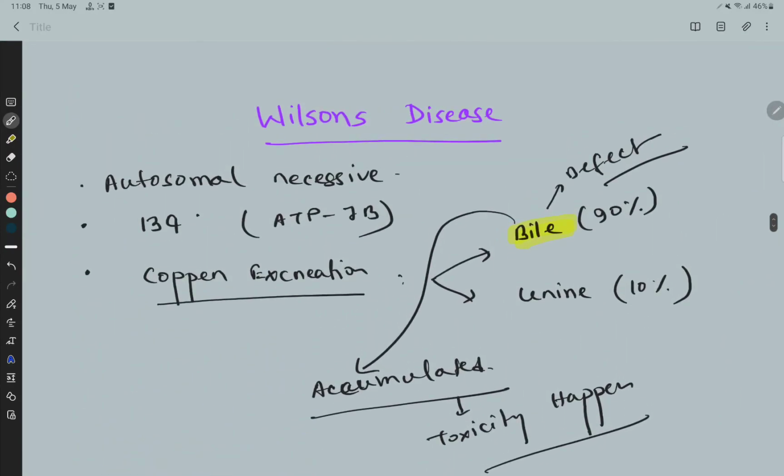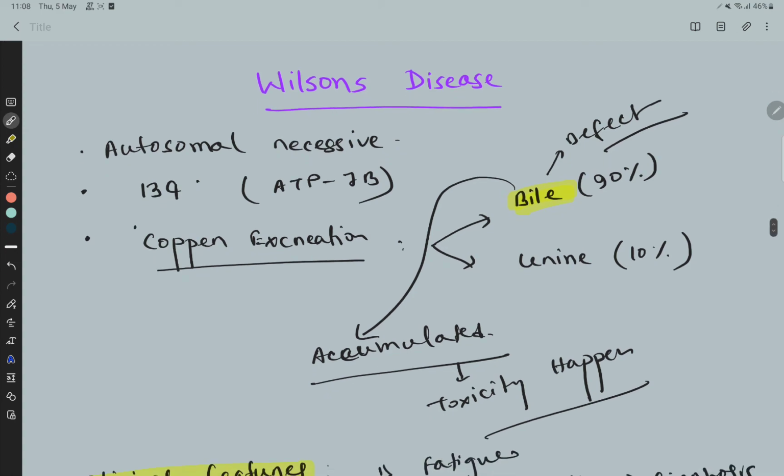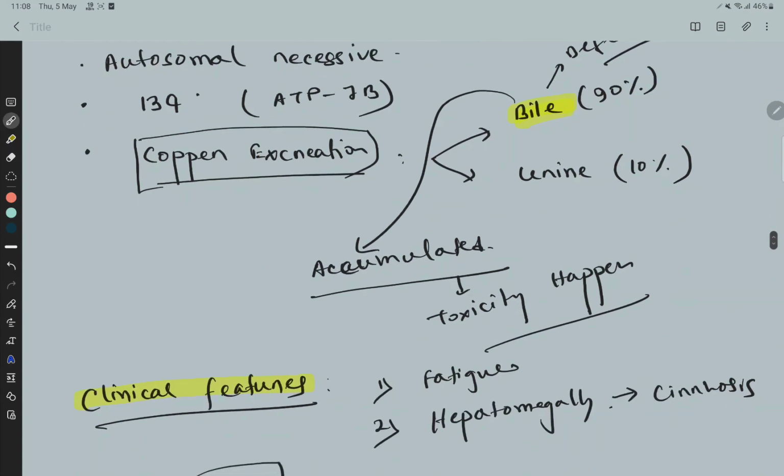So this is a very important topic, Wilson's disease. It is an autosomal recessive disease. Mutation happens in ATP7B, which is located on chromosome 13q, and the defect is in copper excretion. Copper is mainly excreted through bile and urine. The defect is in bile, so copper accumulates and toxicity happens.